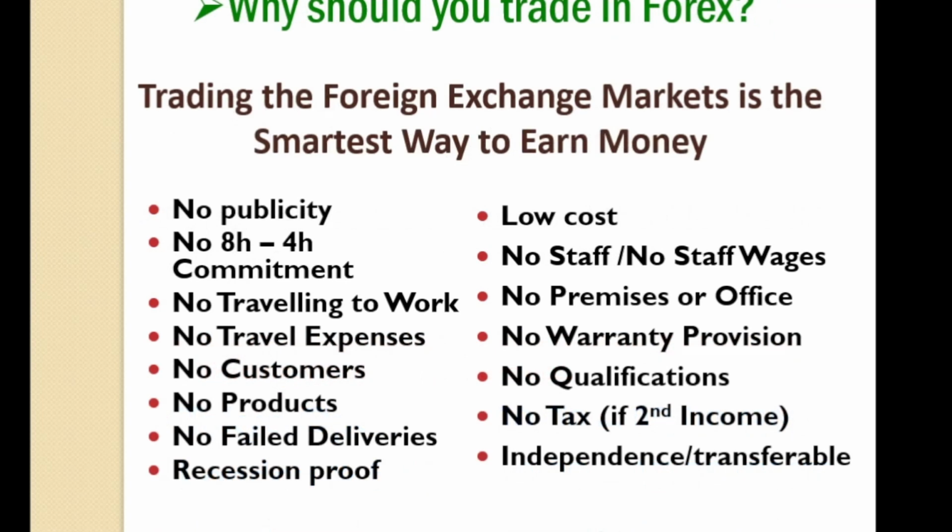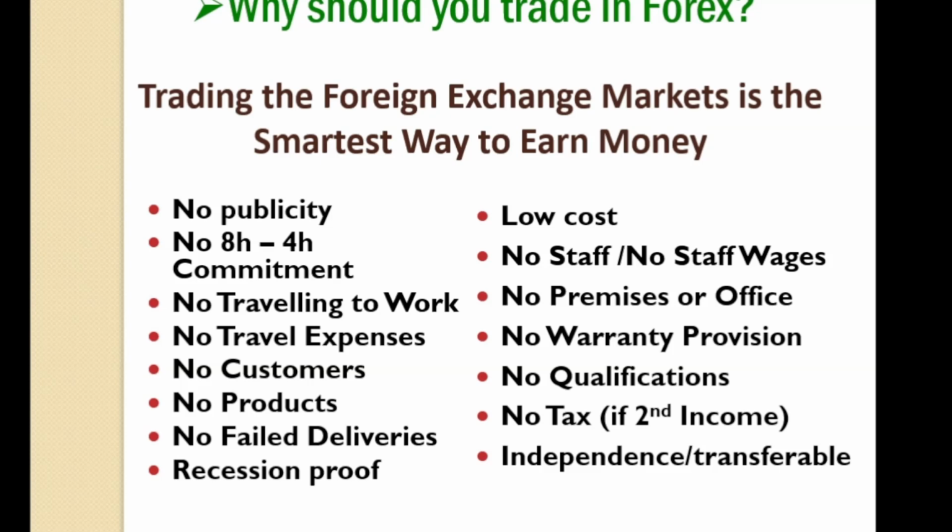Why should we trade in Forex? Usually, all traders or businessmen look for opportunities where they will minimize costs and maximize profit. Such is foreign exchange trade. In foreign exchange trade, we do not pay for publicity. We do not have to go to work, sitting in an office between 8 hours and 4 hours.